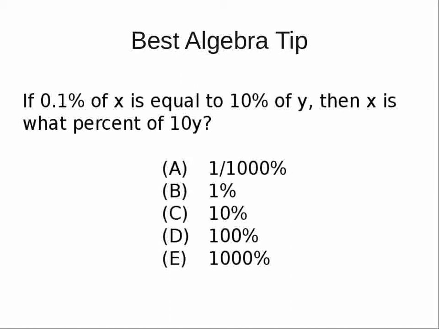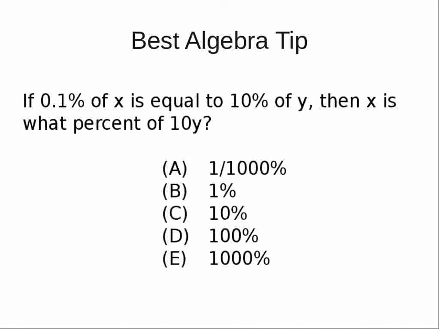Now let me read the last part of the question using my values for x and y. So now I want to know, 1,000 is what percent of 100? The reason I got 100 was because 10y, 10 times 10, that's 100.